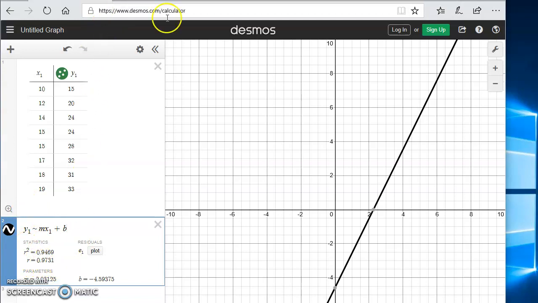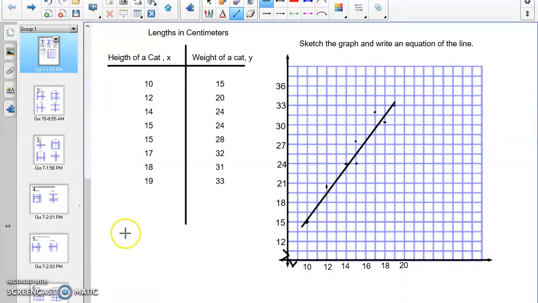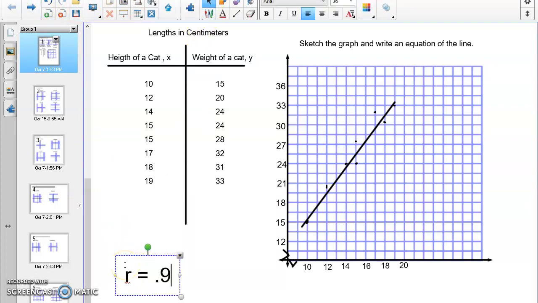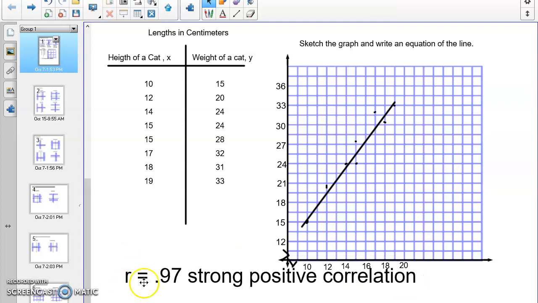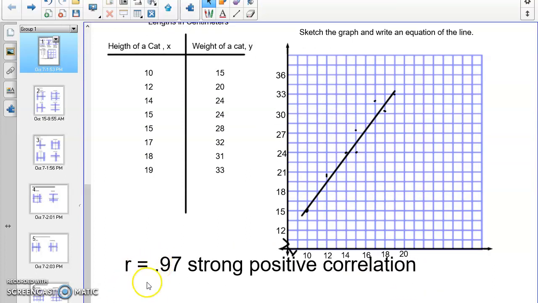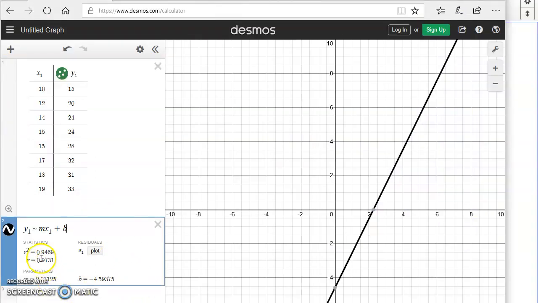So if the r is 0.97, okay, that's our r. R is 0.97. That's a strong positive correlation. And then the equation of my line here, I'm just reading it off my graphing calculator.